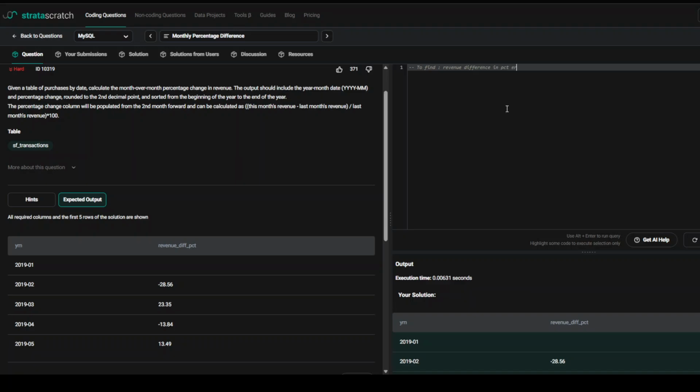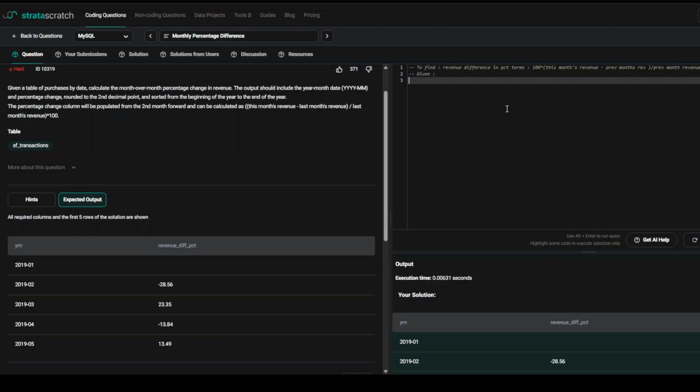In percentage terms, revenue difference is this month's revenue minus previous month's revenue, the whole thing divided by the previous month's revenue, and the whole thing multiplied by 100. All right, this is the to find.